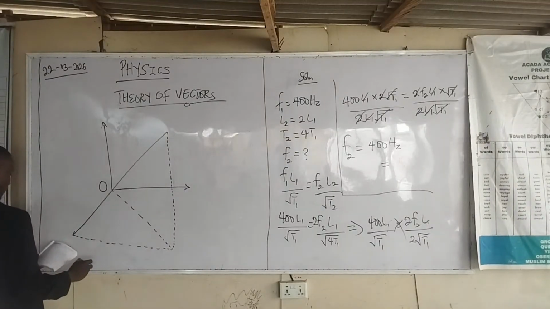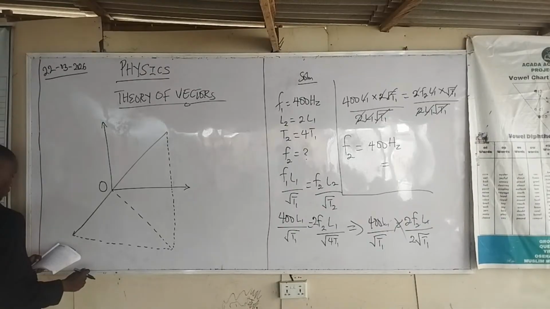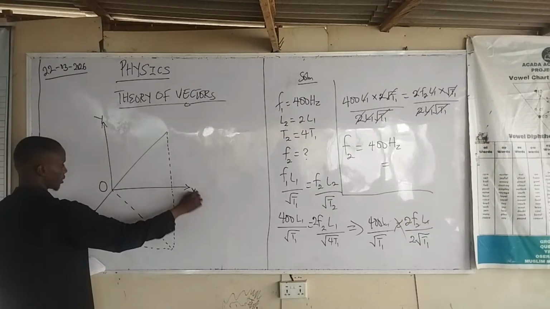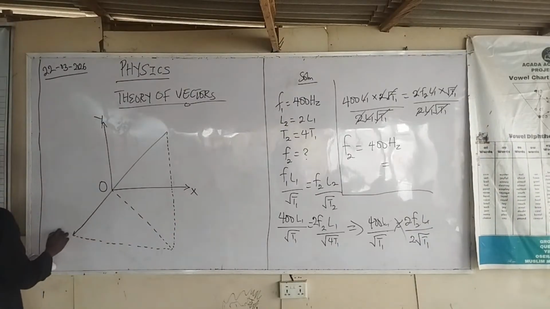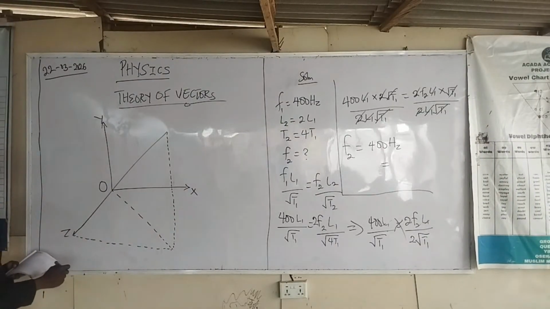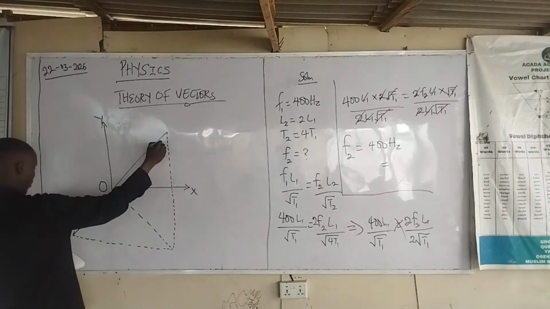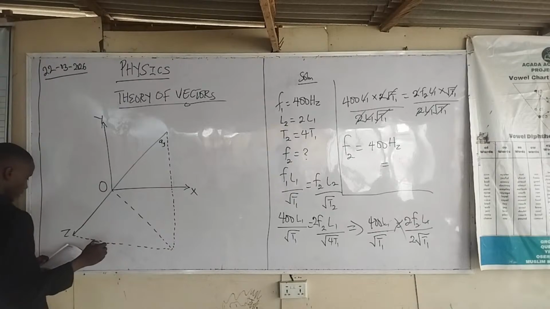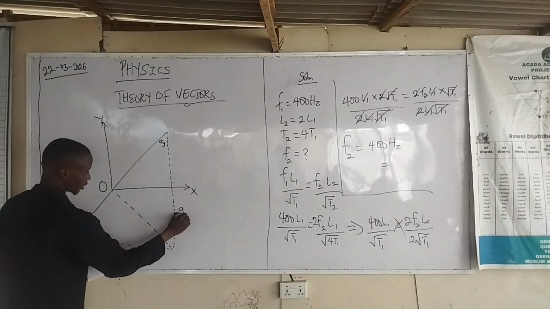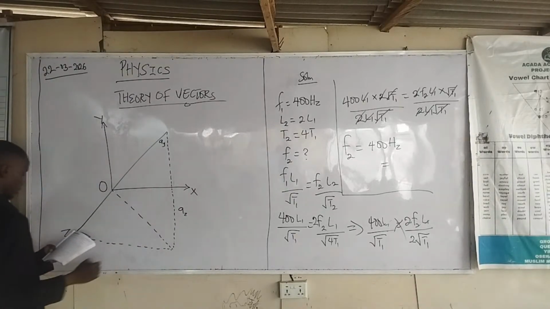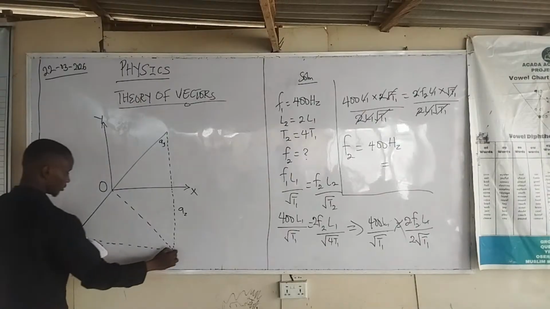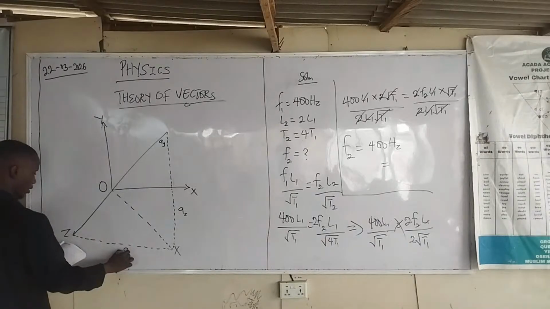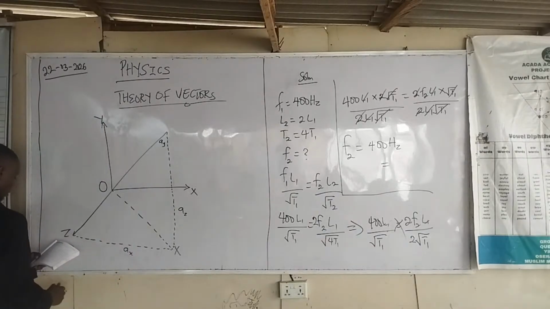So we have something like this. This is y, this is x, and this is z. So we have ay, az, and ax.